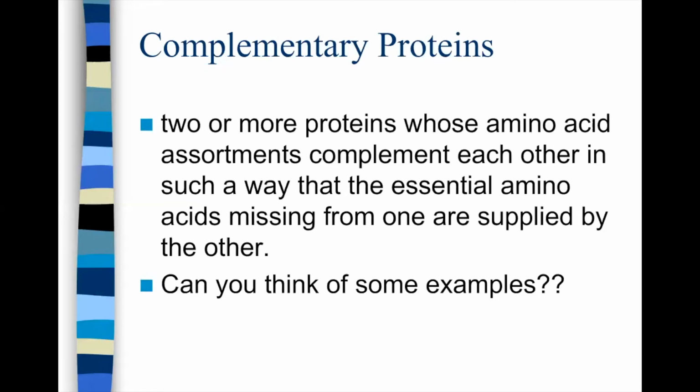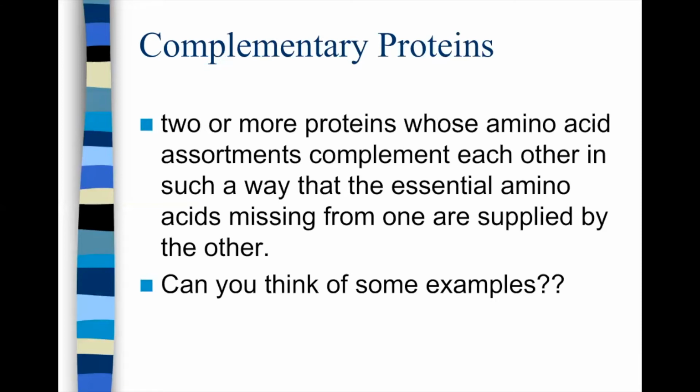As long as we're eating a variety of foods, we're going to get them throughout the day or throughout the week. So some examples of this concept, even though it is a slightly outdated concept, it is still pretty prevalent, and so I'll let you know what it is anyways.